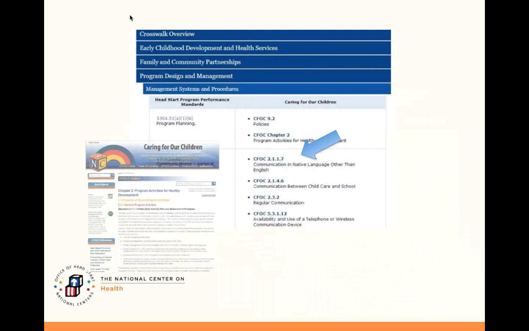They're all downloadable and free, including these multicolored posters that can be printed and put up or shared. And some of their newer resources are about talking about depression, finding a mental health consultant, facilitating referrals, all to support mental health services in your program.